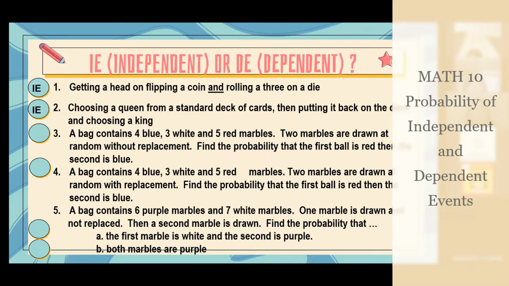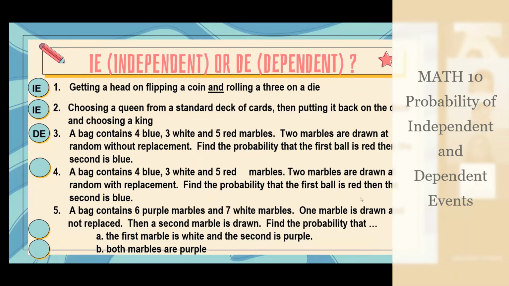A bag contains 4 blue, 3 white, and 5 red. 2 marbles are drawn at random without replacement. Find the probability that the first ball is red and the second is blue. Without replacement. So, Violet, what is your answer? Okay, Violet is absent. Alexa. Okay. So, dependent. Thank you, Alexa.